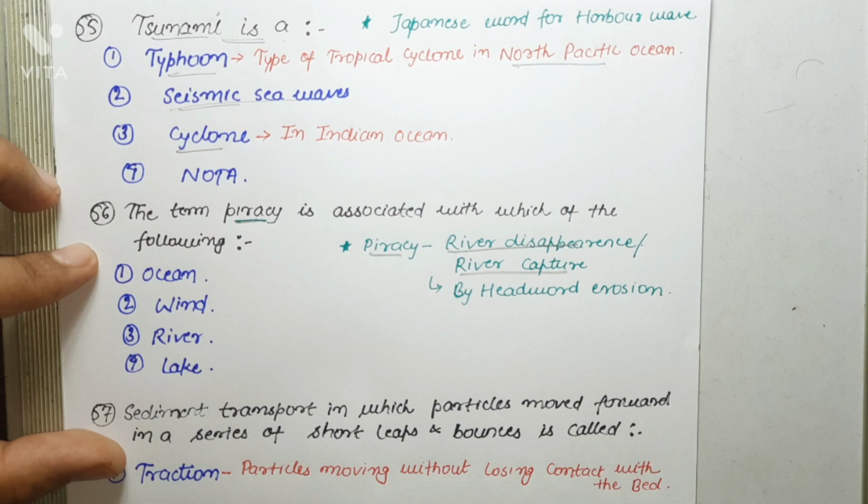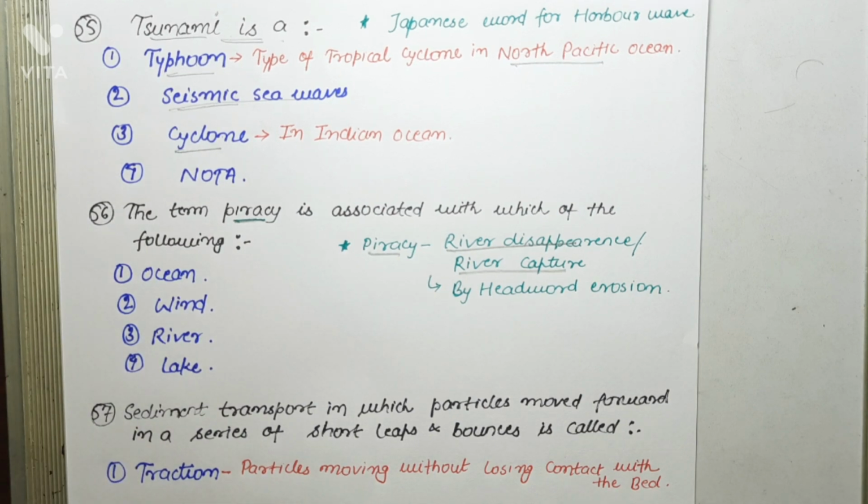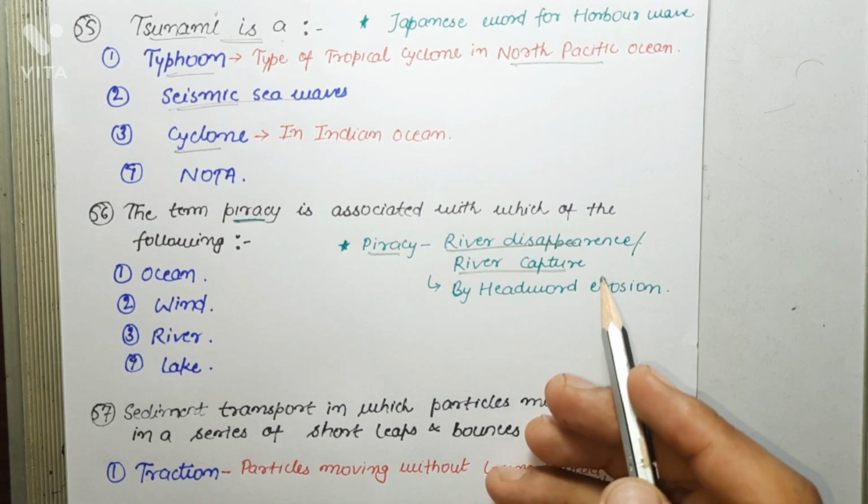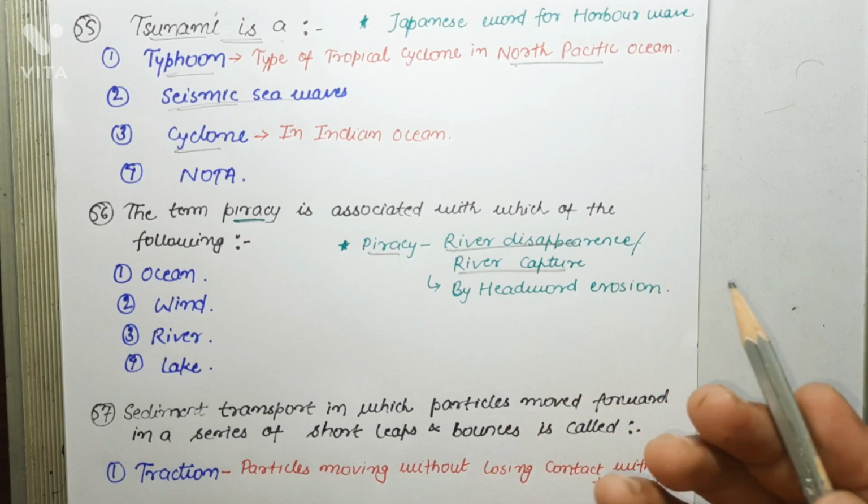You can say disappearance of river Saraswati is a consequence of upliftment of Aravalli ranges. So clearly from definition, the term piracy is associated with river.